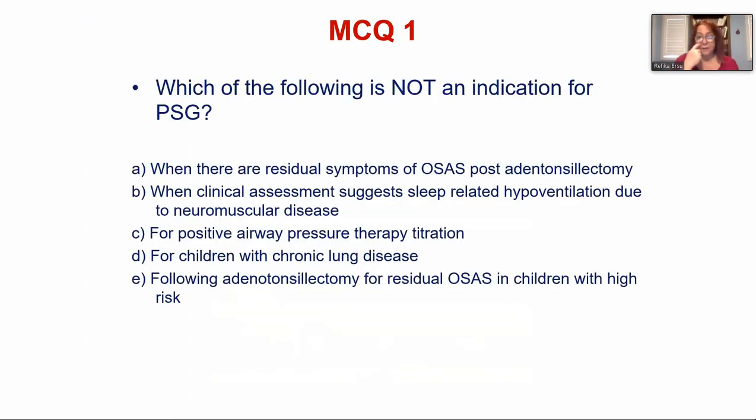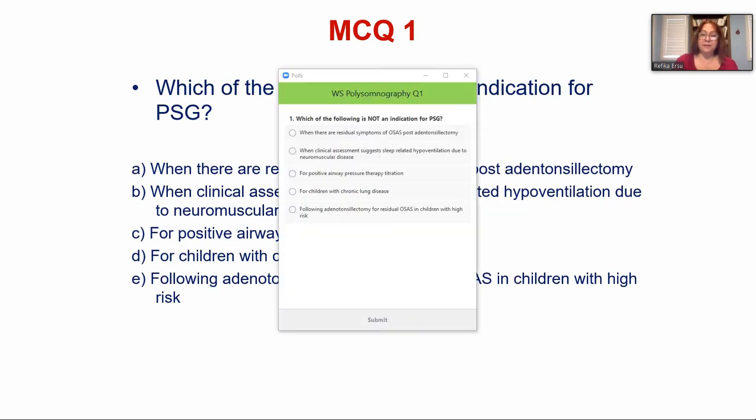So I'll start with a question. Which of the following is not an indication for polysomnography? When there are residual symptoms of obstructive sleep apnea post-adenotonsillectomy; when clinical assessment suggests sleep-related hypoventilation due to neuromuscular disease; for positive airway pressure therapy titration; for children with chronic lung disease; following adenotonsillectomy for residual OSA in children with high risk.